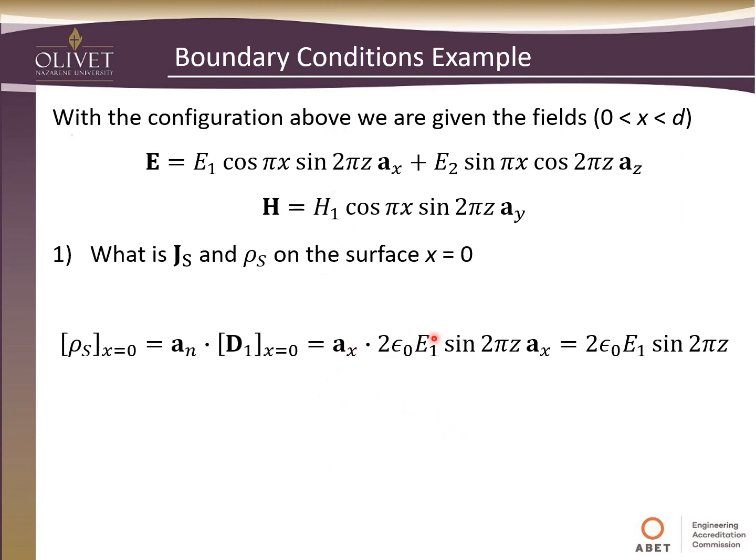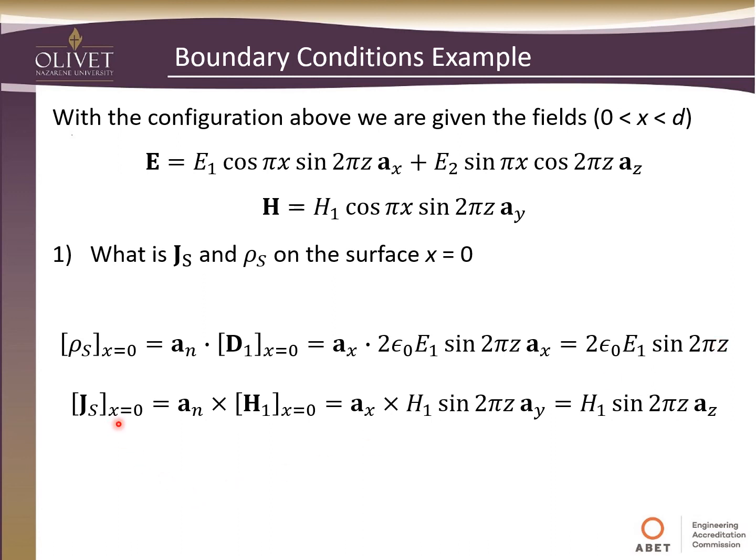So when we plug those values in, the only component of the electric field that's going to contribute is this one, because if we dotted ax with az, that's going to be 0. And so when we multiply that out, we get 2 epsilon naught E1 sine 2 pi z. So this would be an equation that describes how the charge behaves. It's not static charge. You can see the charge is changing. It's going up and down.